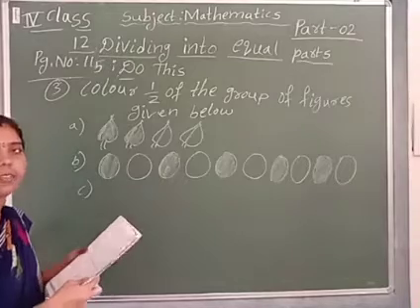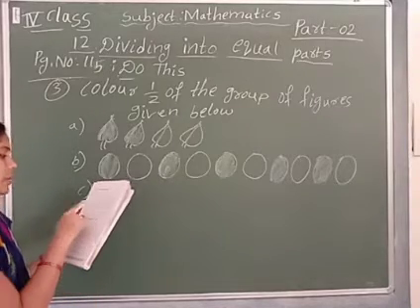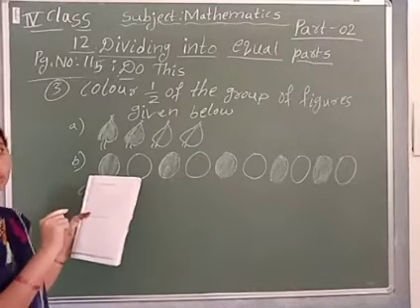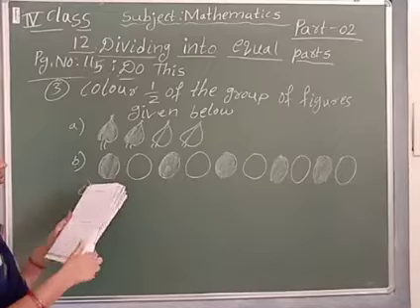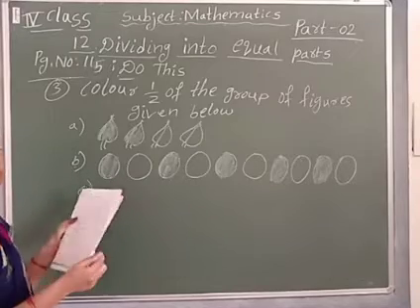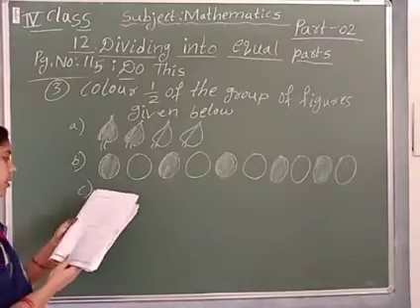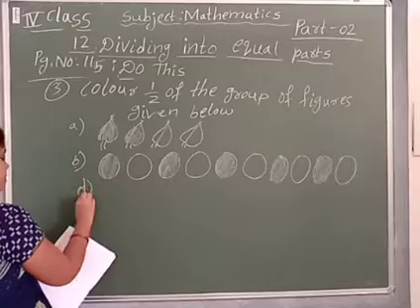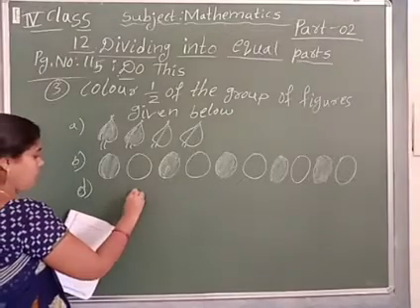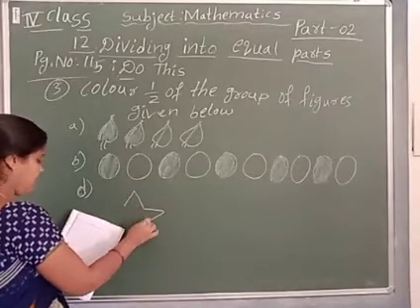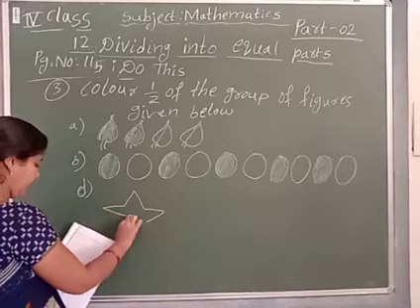They have given flowers. So upside 6, downside 6. 12 in total. So you will draw the 6 flowers too. Okay, you will do that. Next, D1. They have given a shape like this.